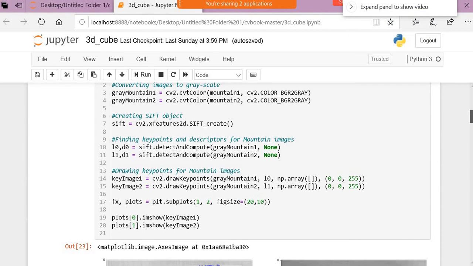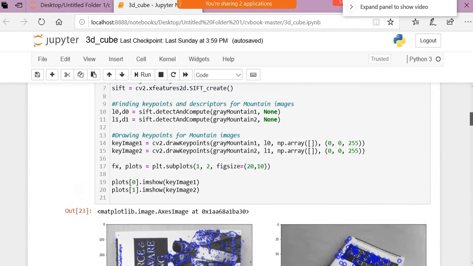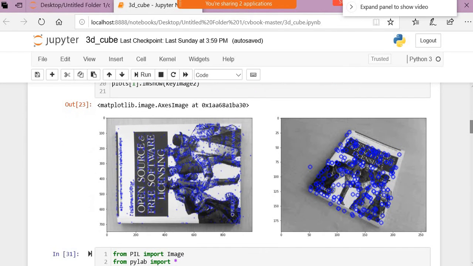After detecting these key point features, I have to plot them over the image such that I can see what the features and descriptors inside my image are. These are the features and descriptors you can see in blue color.